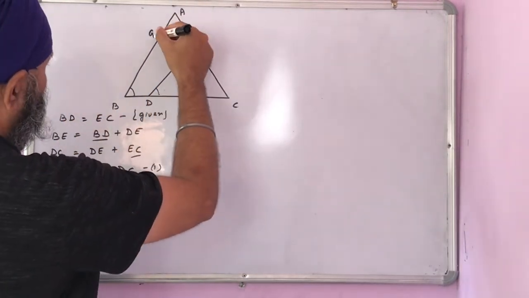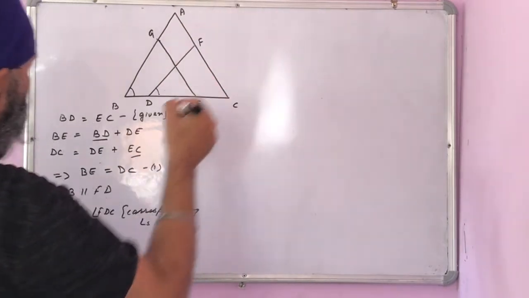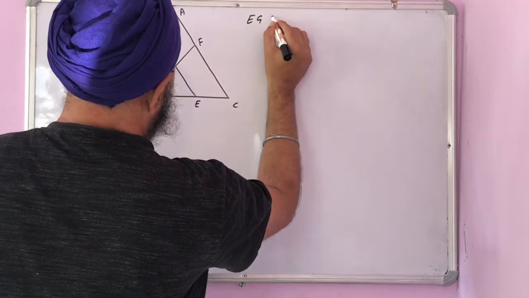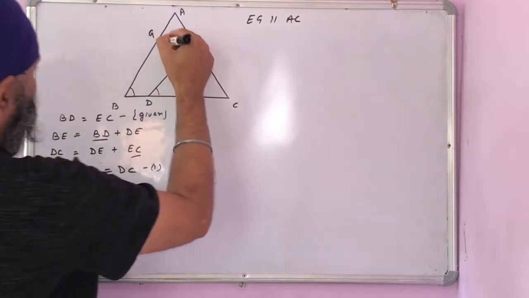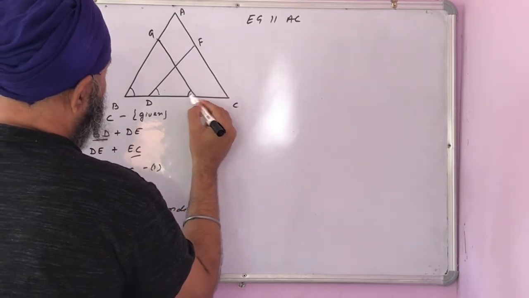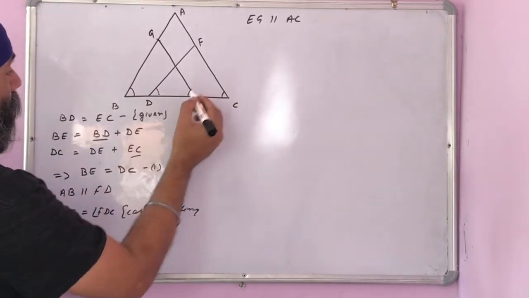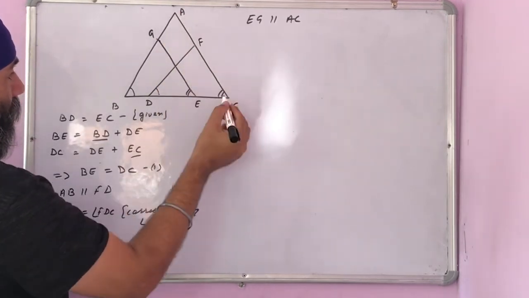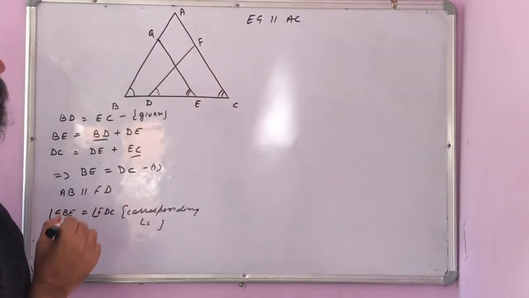Similarly, EG is parallel to AC, so these corresponding angles will also be equal. These two lines are parallel, so corresponding angles will be equal.